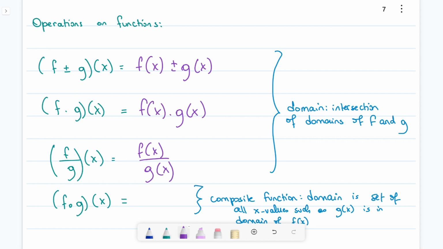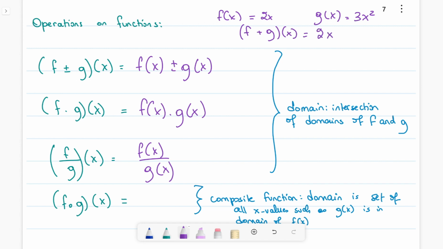So for these first three basic operations, all you have to do if you're given a function, let's say f of x equals 2x and g of x equals, let's say, 3x squared, is add them up if you would like to do f plus g of x.